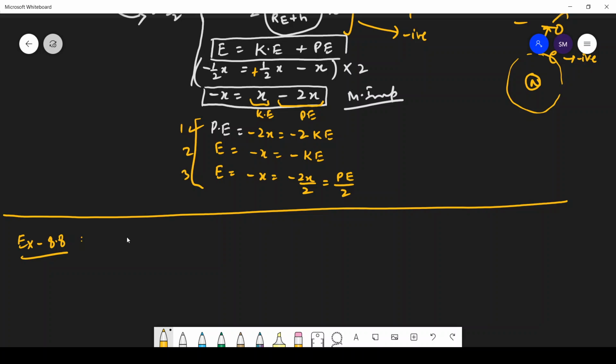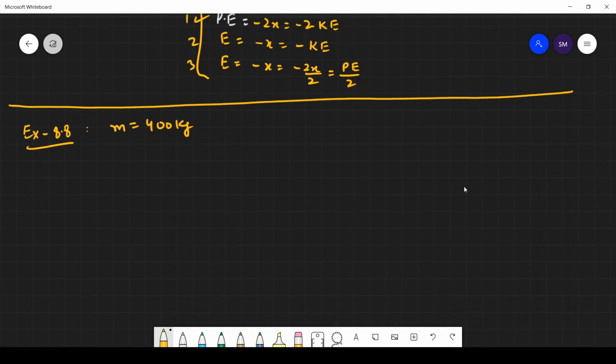Okay, so I have a satellite. So the mass of the satellite is 400 kg. So this is the Earth, and you have this orbit of the satellite.